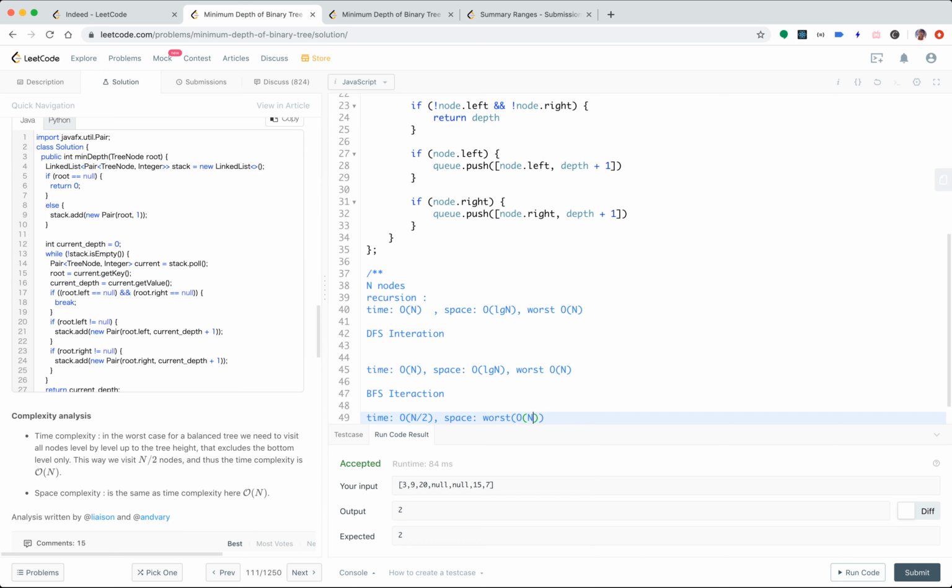Actually, I think for the worst case, it should be the longest level, so the space would go up to about 2n. Averagely, if it is a complete tree, but otherwise I don't know.